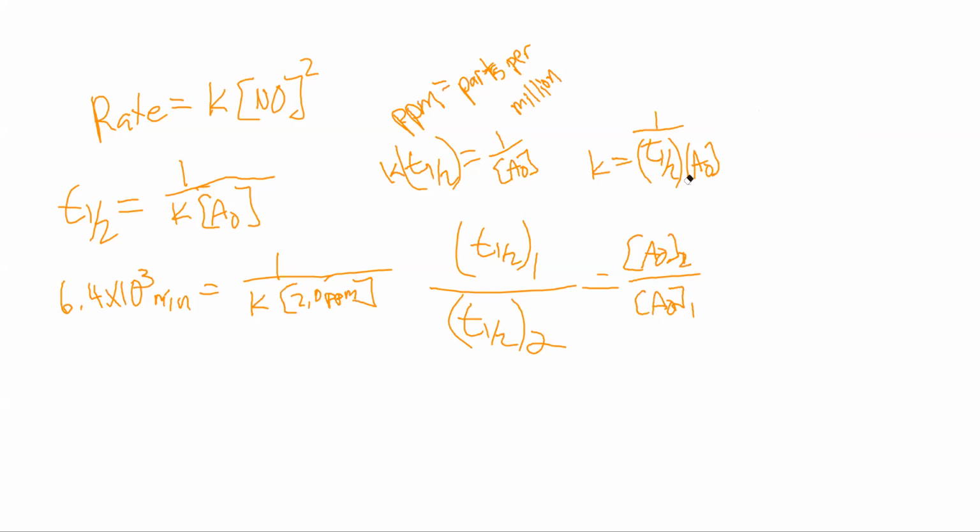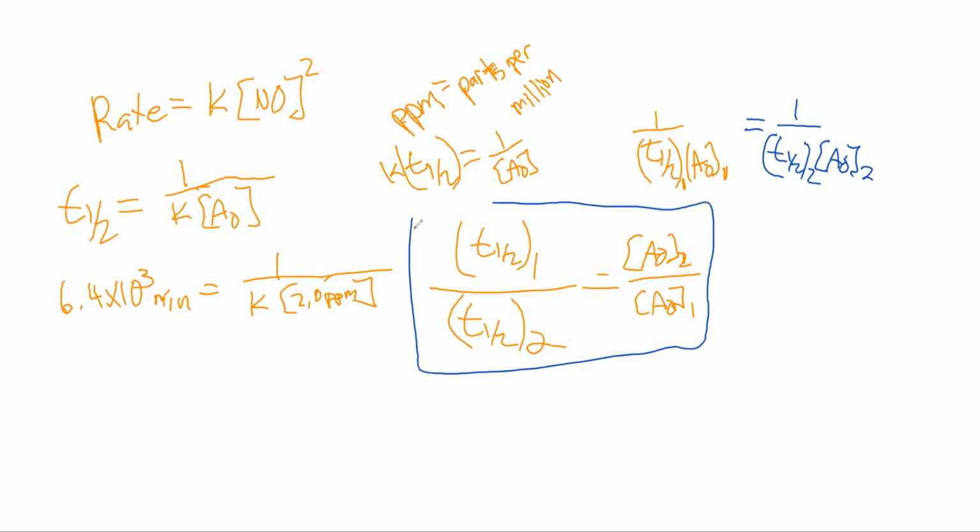We would have one for the first set of conditions, and we'd have a second one for the second set of conditions. Because we can set them both equal to the same value of K. And so when we rearrange those, that's how we get this equation down here. So both of them work.